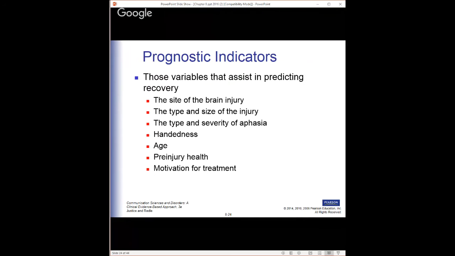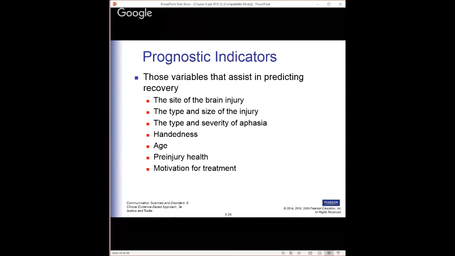Prognostic indicators are variables that assist in predicting recovery, which, like I said, is always on the minds of the loved ones and care providers of those who are affected.